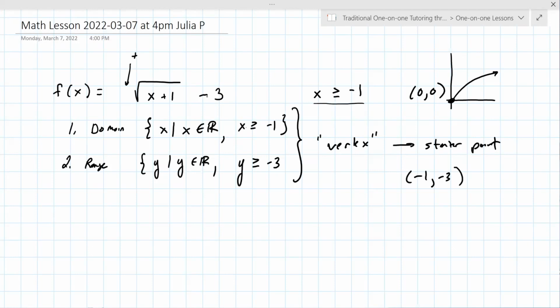That's because when x is -1, or because it's +1, it moves left 1, and then -3 because it's going down 3. So the transformations here, and I guess your instructor likes to use these arrows, you're going left 1 and then down 3. And that's where this starter point comes from.